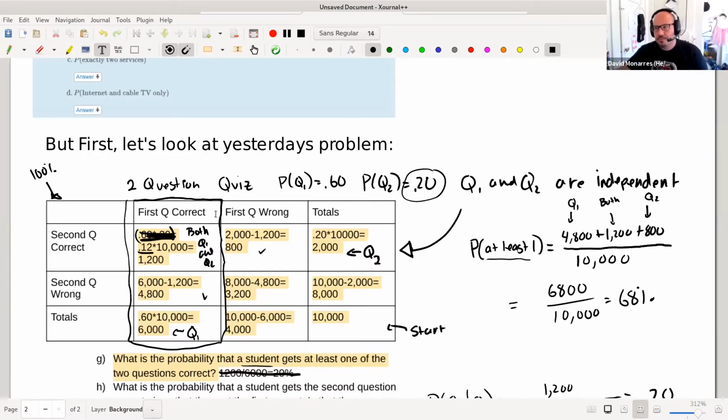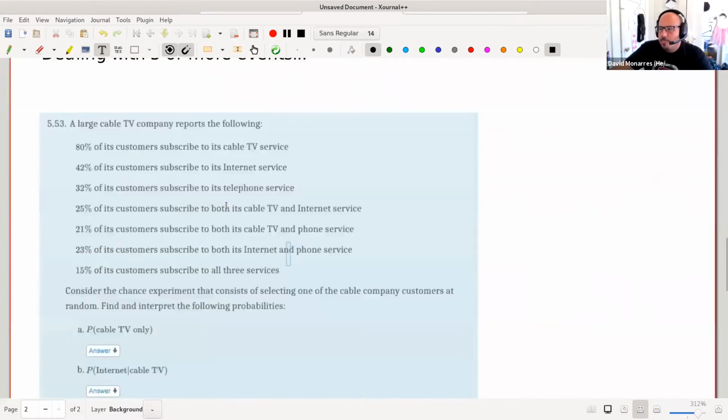that allows us to look at the different combinations between 3 different things. Okay, so when we look at this problem, I want you to note that this is a large cable TV company, and they have these services, right? Usually a cable company sells more than just cable, more than just TV.